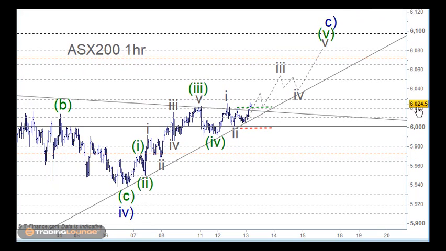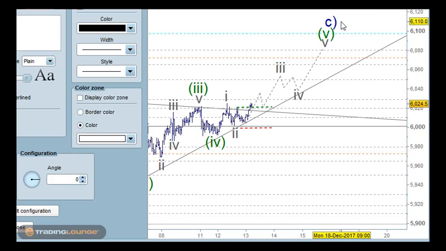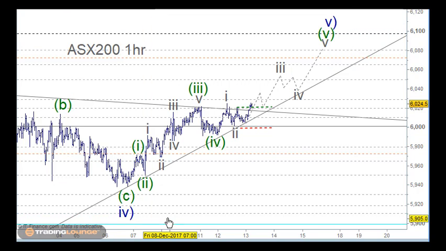The important point here is that this still could be a C wave here, but it's better off looking at wave 5 here. So we've been counting this to the upside. We figured last time we spoke we were looking at a wave 3, wave 5 and 3 and 4 here. So it's developed quite nicely now, and you can see that it's sitting on the 6,000 now.